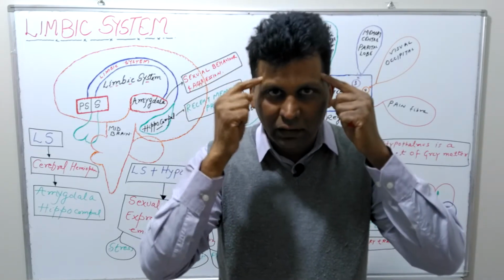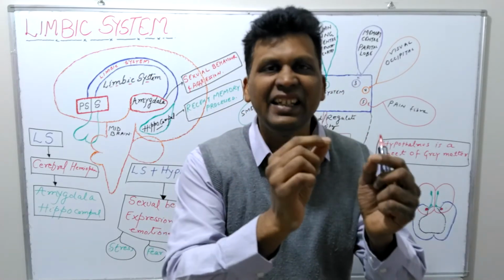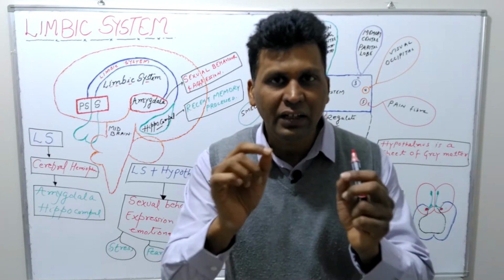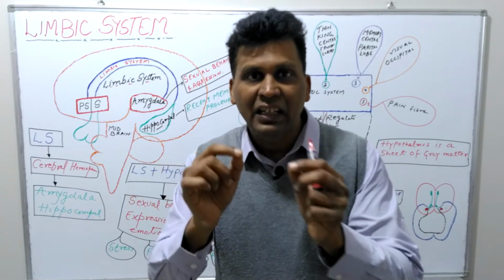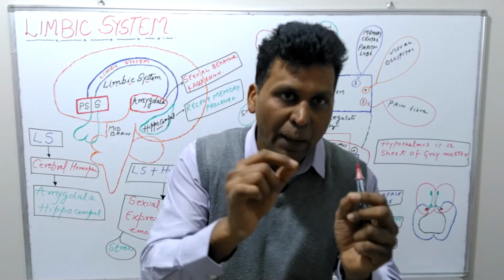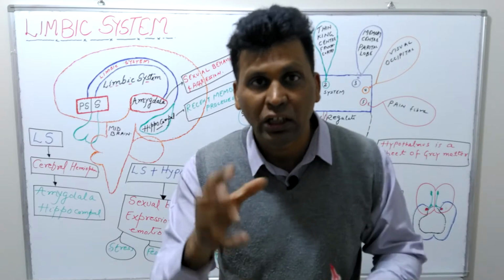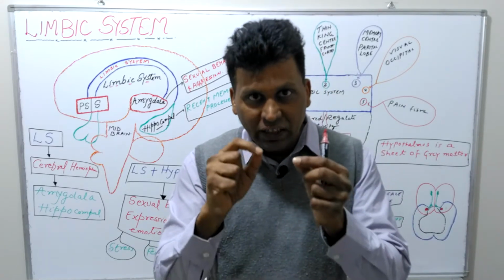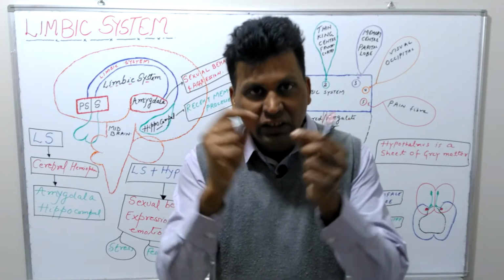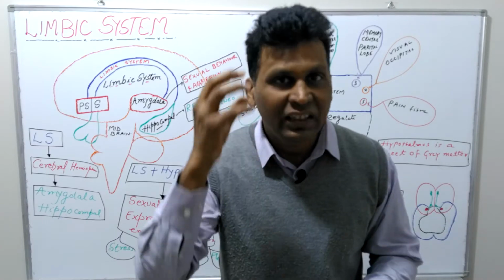This is the brain. In the brain, there are discrete, different areas dealing with different types of function, and all that function is controlled and regulated by neurons in these areas.